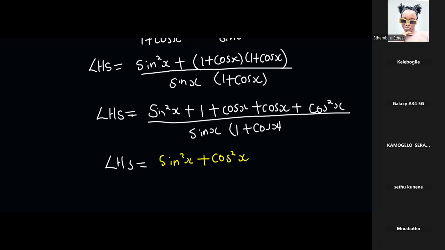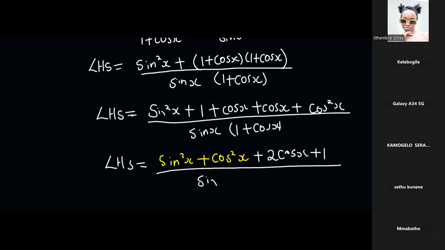Okay, yeah, thanks. Sin squared x plus cos squared x. As I was saying, you pair this one and that one, just like that. And then you say cos x plus cos x, it's plus 2 cos x, we're also having plus 1, all over sin x into 1 plus cos of x.